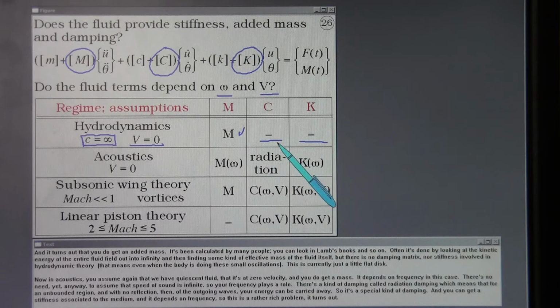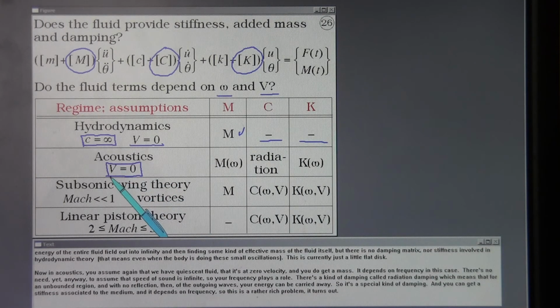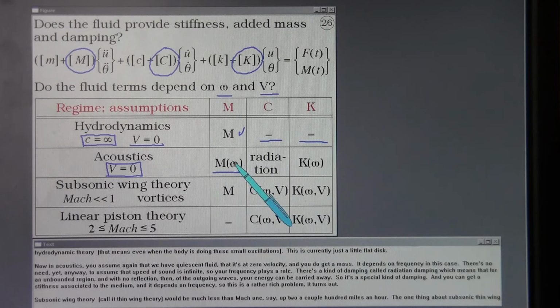Now in acoustics, you assume again that we have quiescent fluid, that it's at zero velocity, and you do get a mass that depends on frequency in this case. There's no need yet anyway to assume that the speed of sound is infinite, so frequency plays a role.